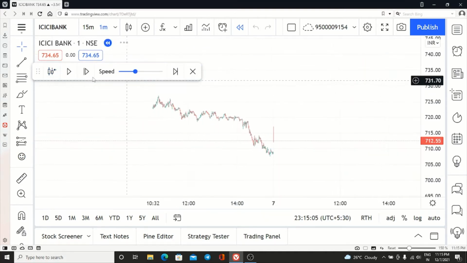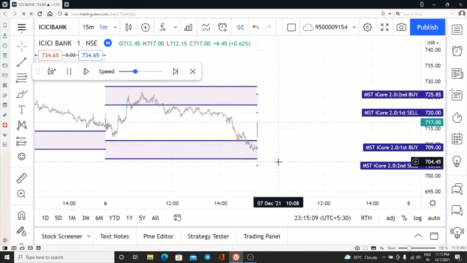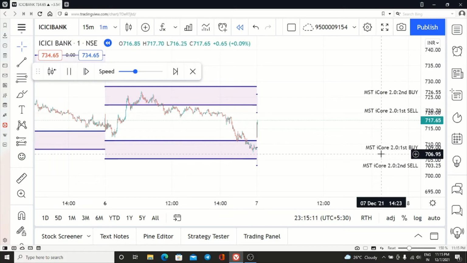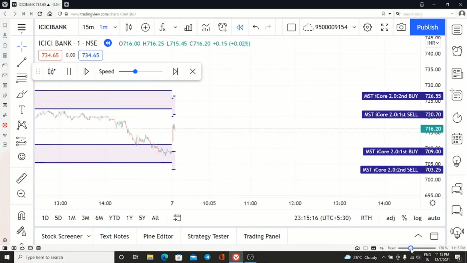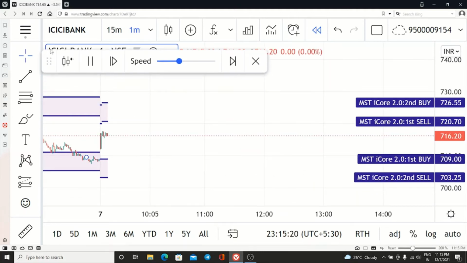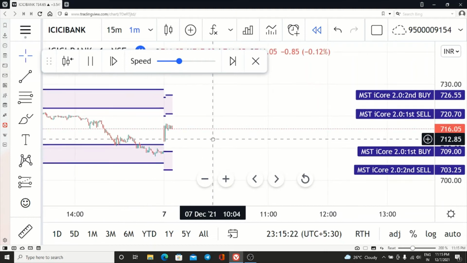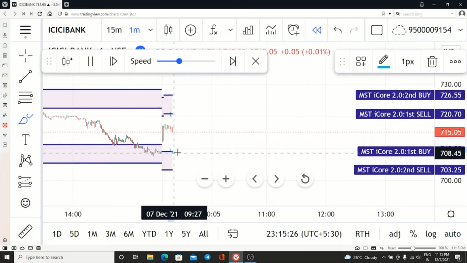The 7th December. Okay, now the market has opened here. See, the lines are slowly getting formed. Now we have to wait. Either it has to reach this portion first or this portion first.